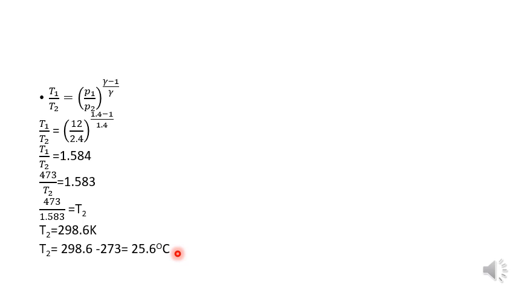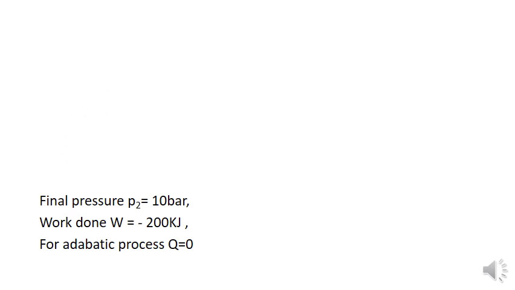Substitute the given data in the relation and we will get the final temperature in Kelvin. If you want to convert into degrees centigrade, simply subtract 273 and we will get 25.6 degrees centigrade. So this is another problem based on the pressure and temperature relation. Move on to the next.